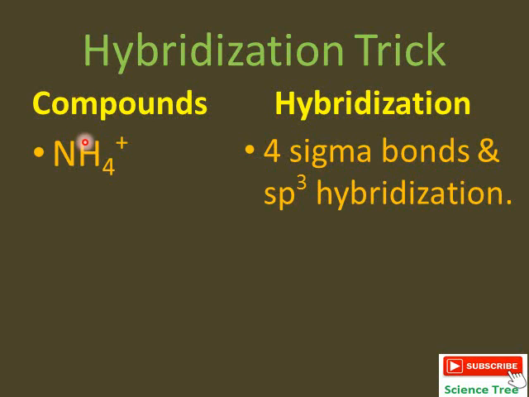So the number of electrons present in the valence shell will tell you about bonding. And the atoms which are joining with the central atom will tell us how many sigma bonds are forming. While the remaining electrons will tell us about the lone pairs.